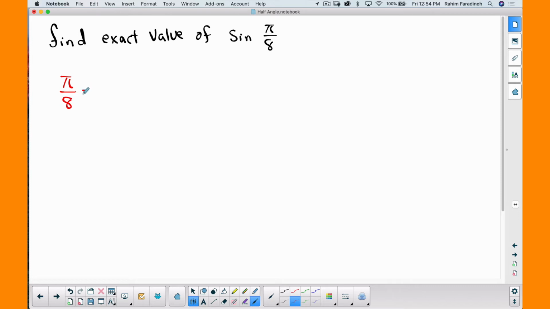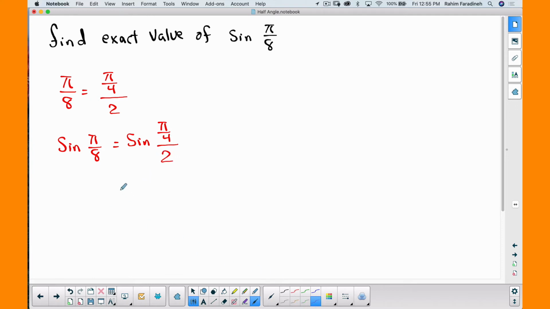Now pi over 8 is the same as pi over 4 divided by 2. So sine of pi over 8 will be the same as sine of pi over 4 divided by 2.